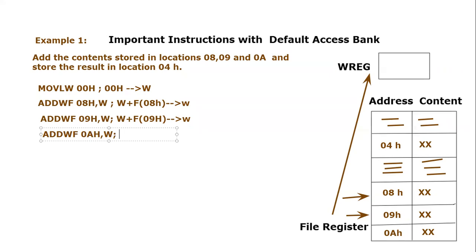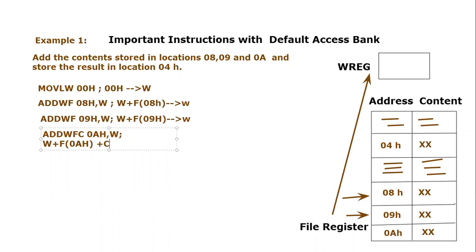in the last result, obtained after the addition of the 08 and 09 contents, so we may miss that particular carry. To avoid missing that carry, we have to use a different command, which is add working with file with carry. This time we not only add the working register with file location 0AH, we are also adding the carry. If there is a carry, it will also be added.